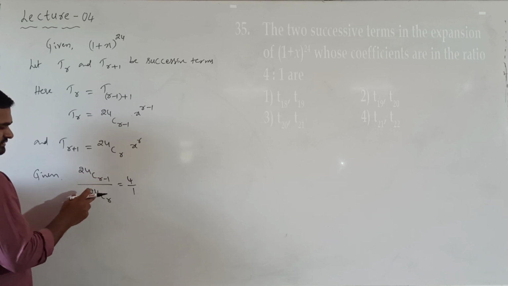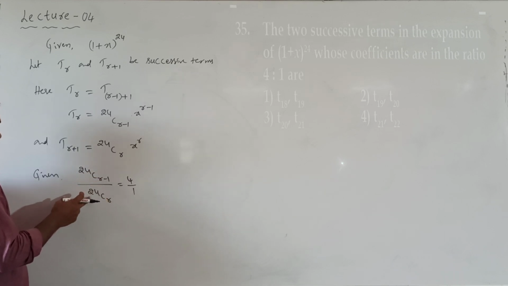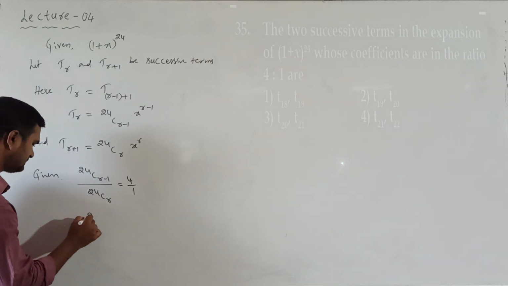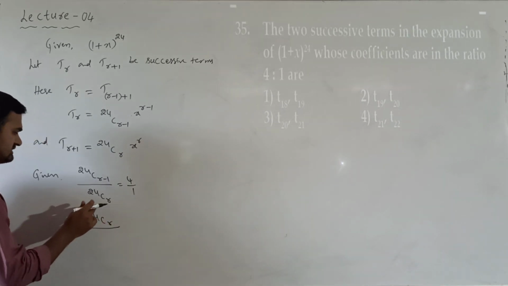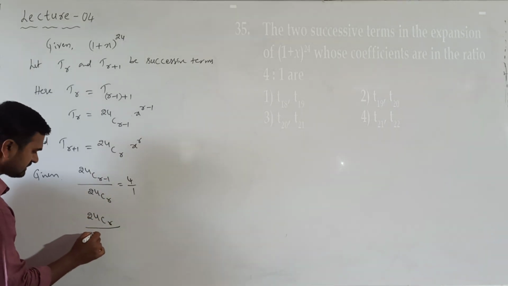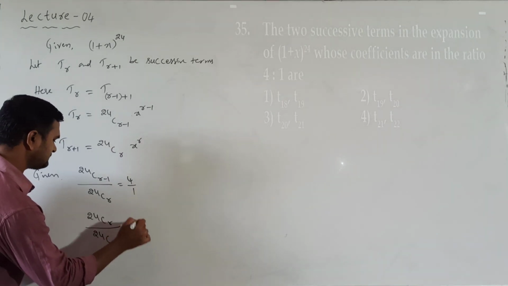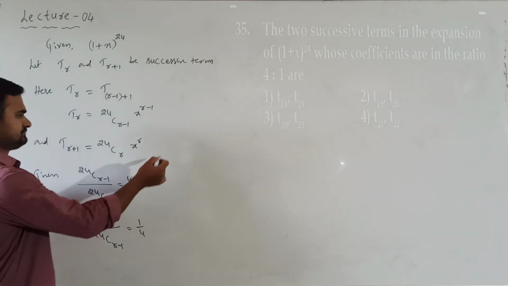24C R minus 1, 24C R. Now if you observe, we can write in the form NCR divided by NCR minus 1. So let us take the reverse ratio. I am just taking the reverse ratio. 24CR divided by 24CR minus 1, it is 1 by 4.